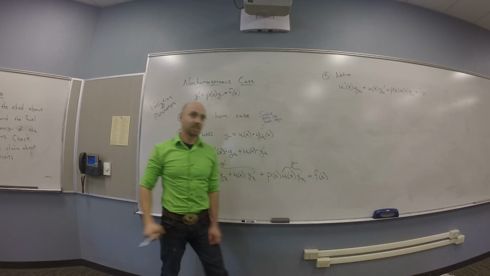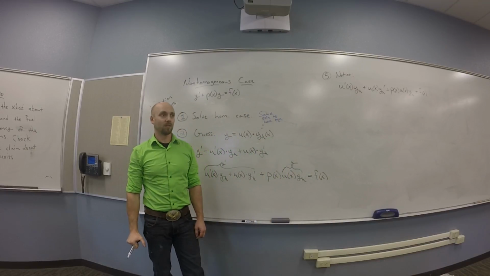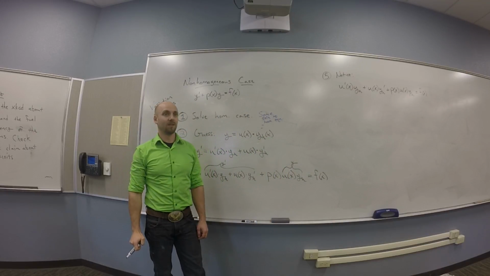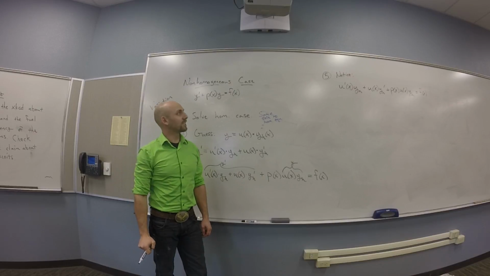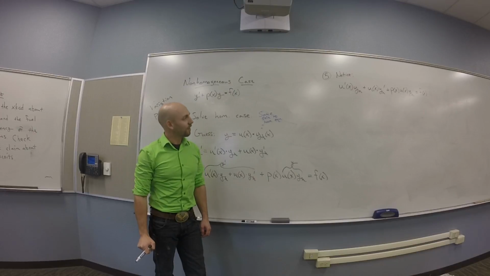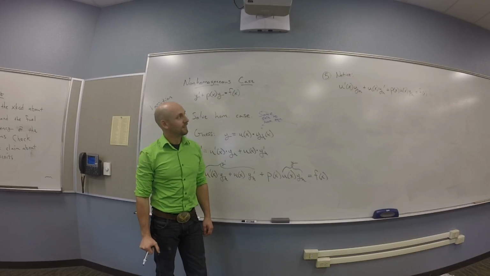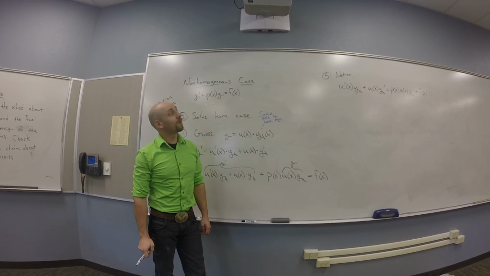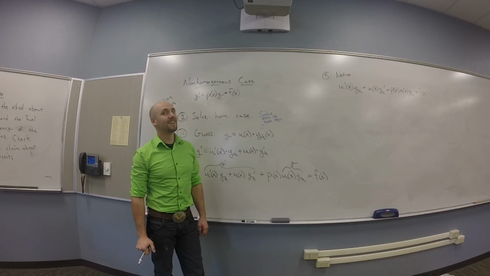And so my claim is that step 5 is notice. What should you notice? That's kind of a differential equation in u, like a linear one. Yeah, this is kind of a differential equation in u, right? If I got rid of the yh prime, this would be a first order linear differential equation in u, right?